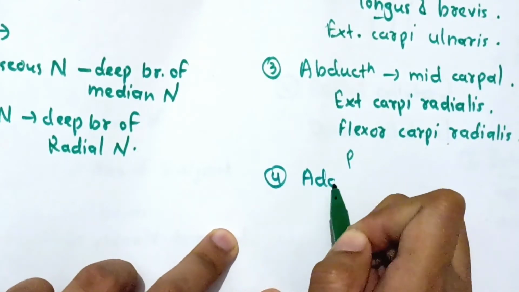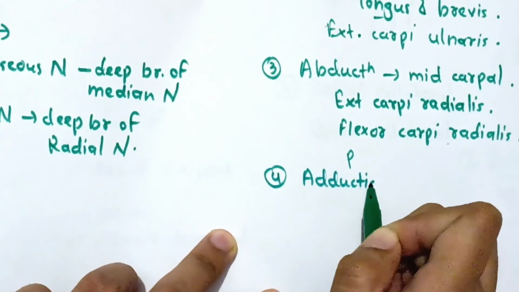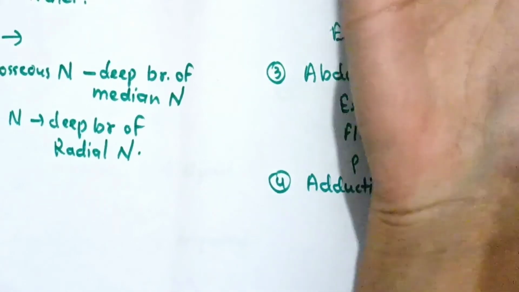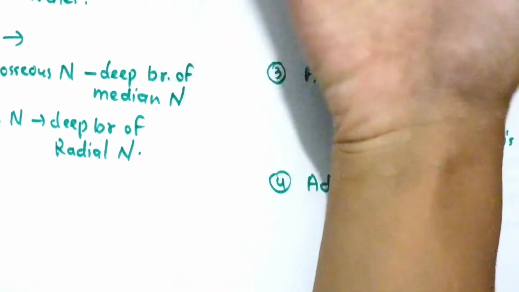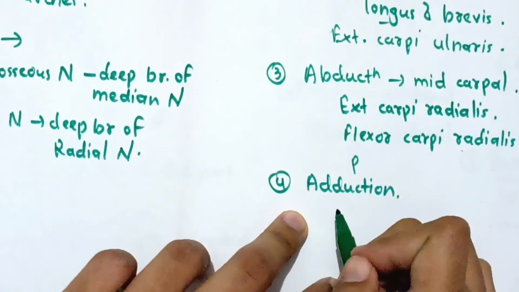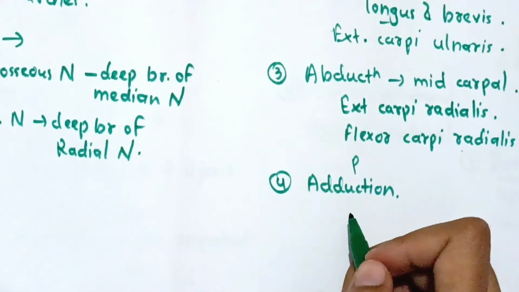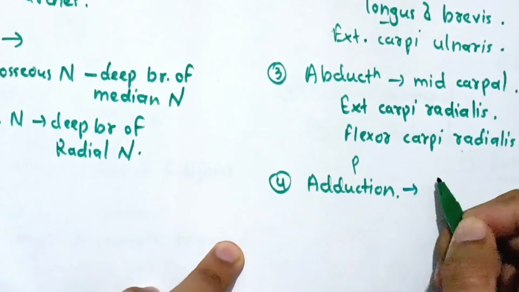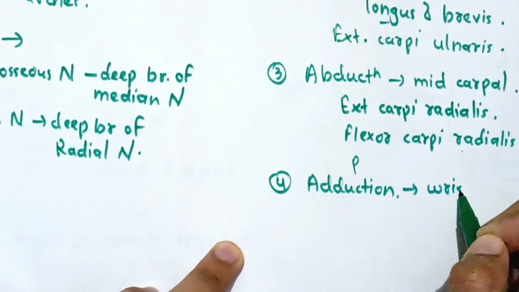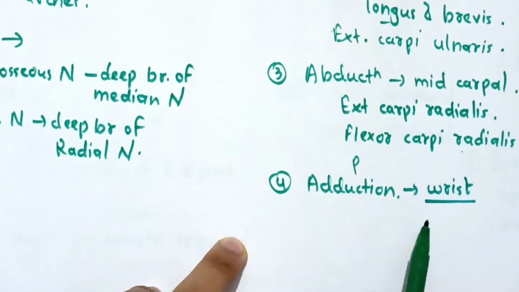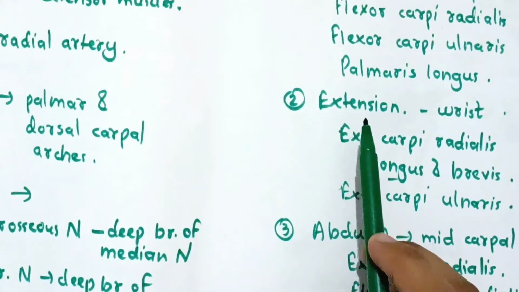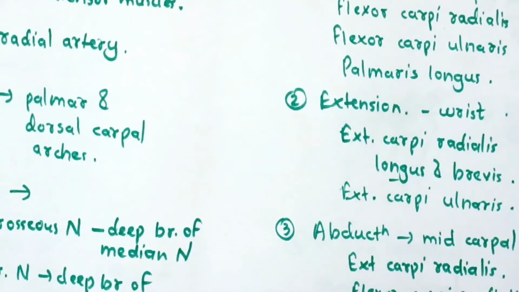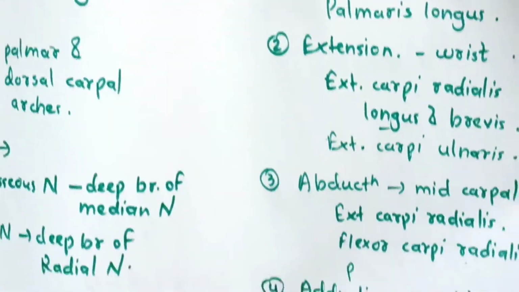Okay, and then we have adduction, that is moving your wrist on the medial side like this. You can see this movement is the adduction. For adduction the muscles of the medial side will help, and this adduction is mainly at the wrist joint. So you can see two of the movements are mainly at the wrist, that is adduction and extension, and two are at the mid-carpal, that is flexion and abduction.